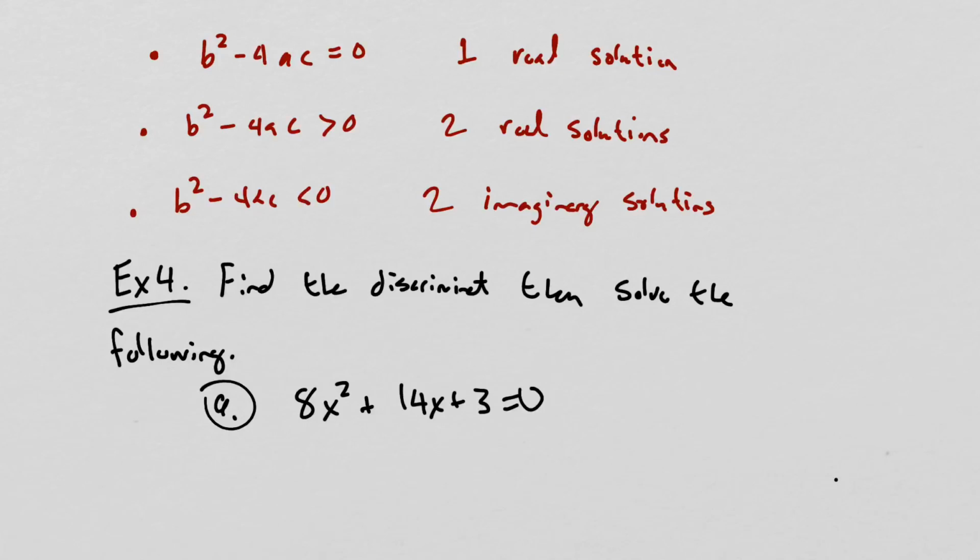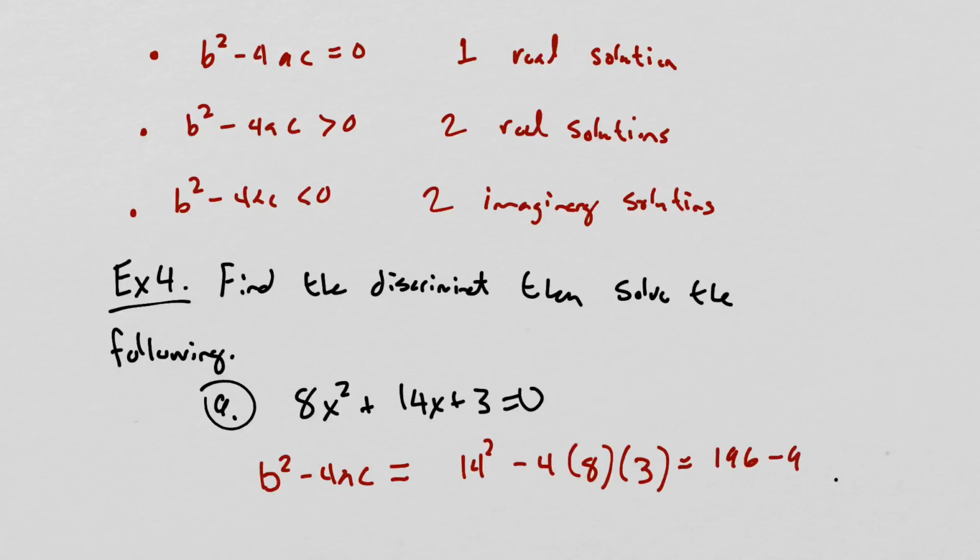We'll look at the discriminant, which is again given by b squared minus 4ac. This is equal to 14 squared minus 4 times 8 times 3. Plugging this into a calculator, we get 196 minus 96, which is equal to 100. This means that our discriminant is greater than 0, and so our quadratic equation has two real solutions.